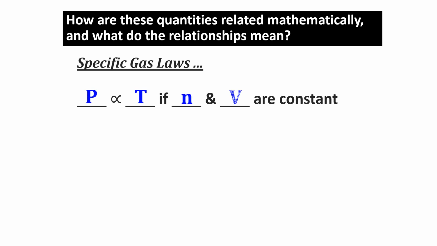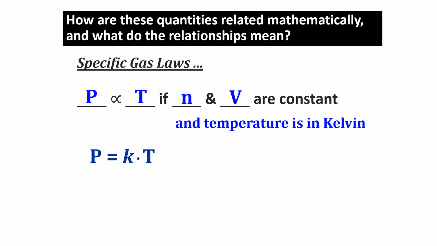So for example, if you have P and T, and you want to see the relationship between P and T, with all the other variables, N and volume, constant, then if the pressure goes up, your temperature has to go up. And then we call that directly related.